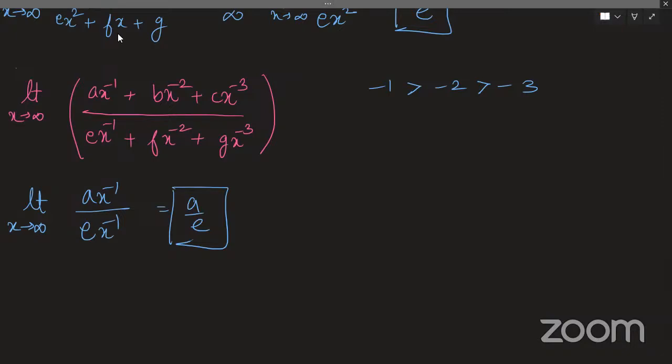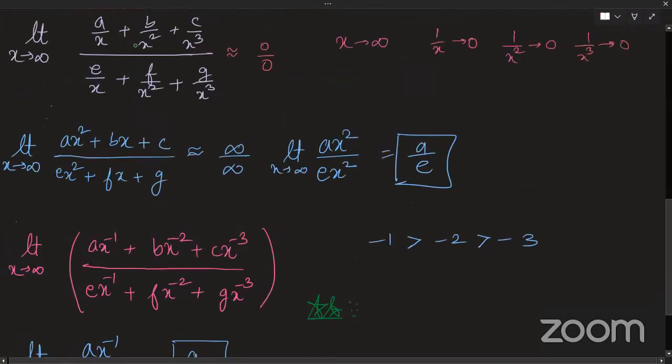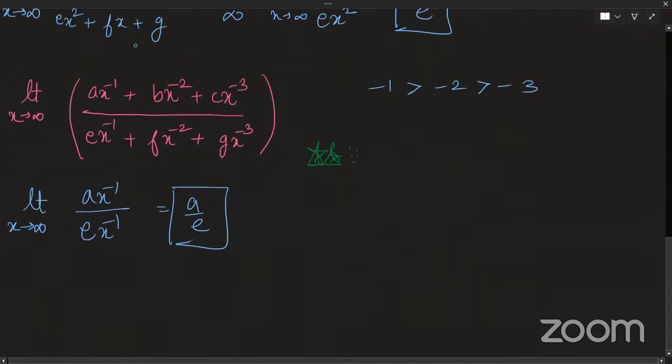So one thing that you can think now, it is not required that your limit is in the infinity by infinity form. Here our limit is actually in 0 by 0 form. But if your x is tending to infinity and your numerator and denominator both are polynomials, you can apply that trick. What was the trick?